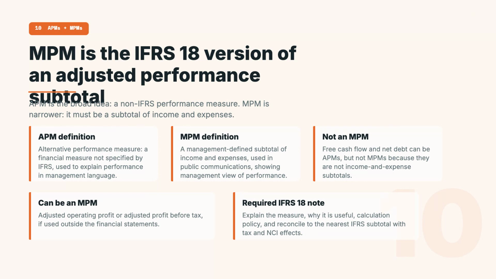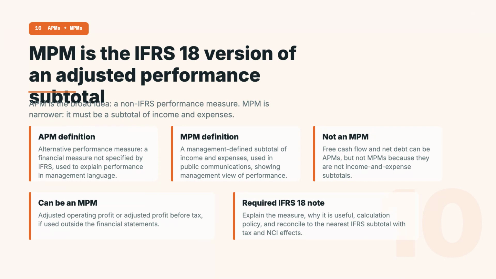That note must explain what the measure communicates. It must explain why management thinks the measure is useful. It must show how the measure is calculated. It must reconcile the MPM to the most directly comparable IFRS subtotal. And it must show the income tax and non-controlling interest effects of each reconciling item.